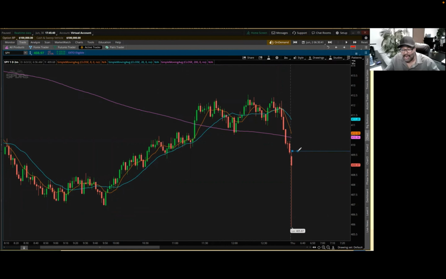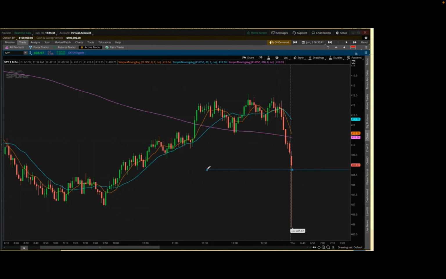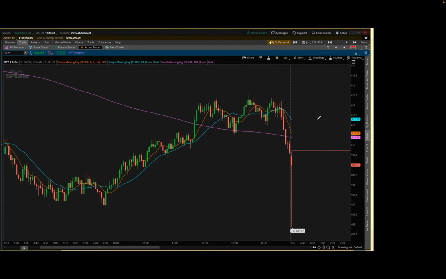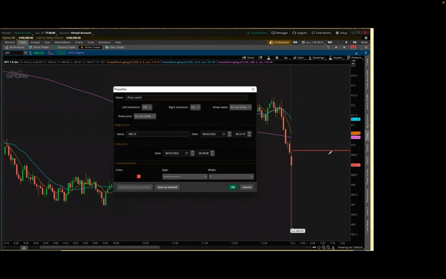So now where's the number? You have to click it. Click the line, right click on the line, and click edit properties. Here it is: left extension, right extension, show price.